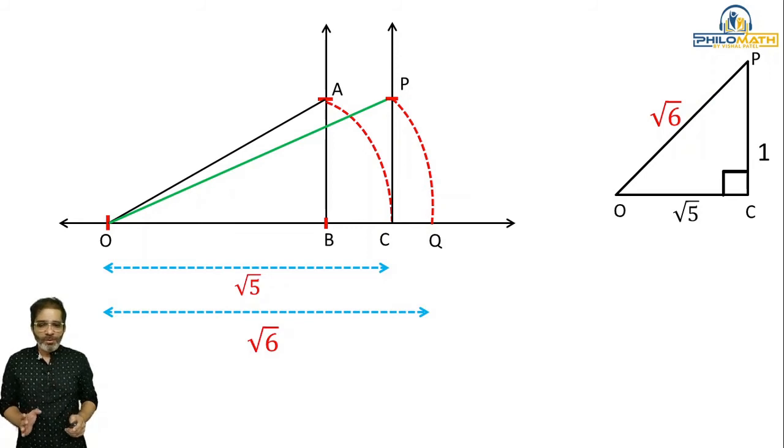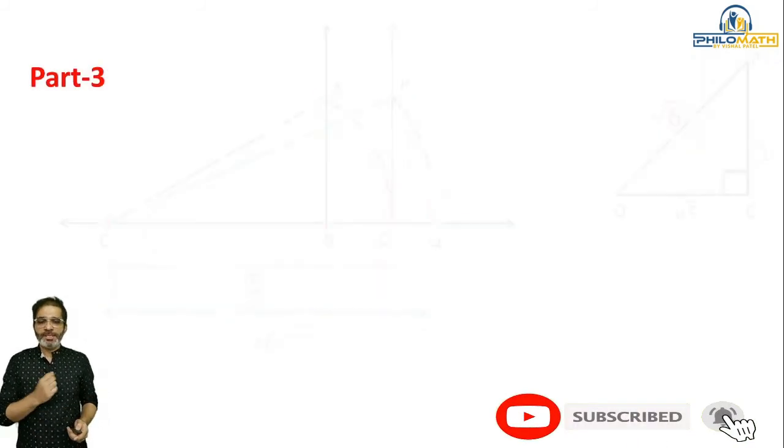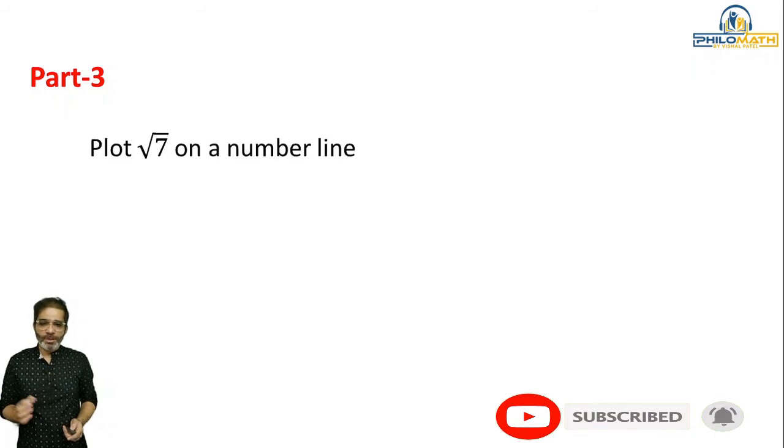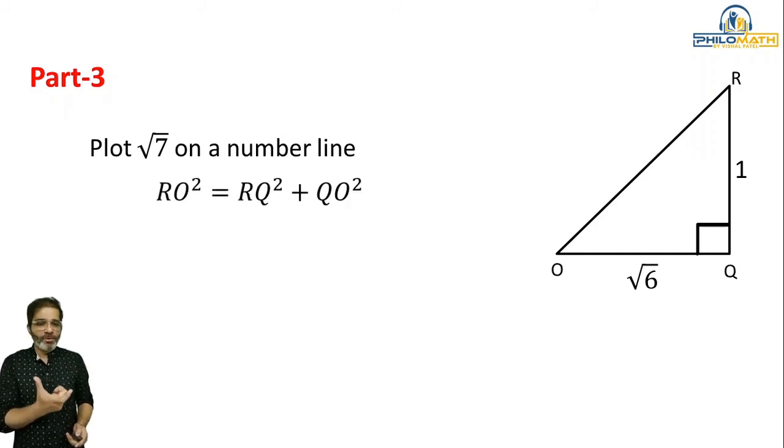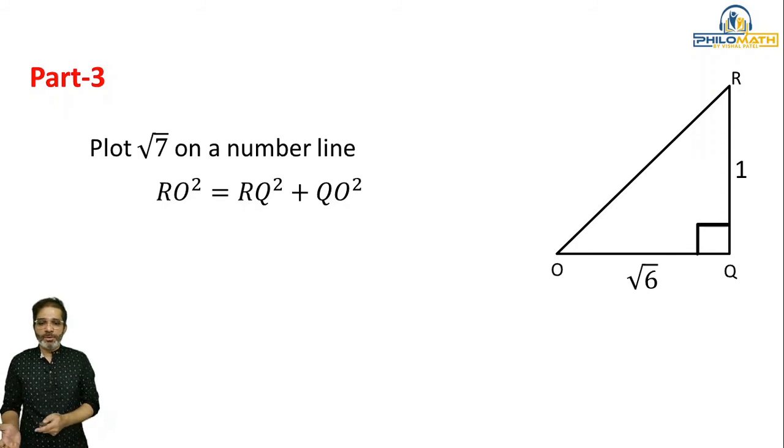Now, same thing with the same figure, I have to show root 7 on a number line. First let us see the calculation part. I'm taking a right angle triangle, and here I'm taking the base as root 6. Students, the height I have taken as 1 throughout; the base will change, root 6. If I want to find RO, again we use Pythagoras theorem, that is RO square equals RQ square plus QO square.